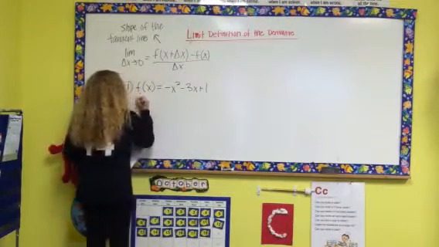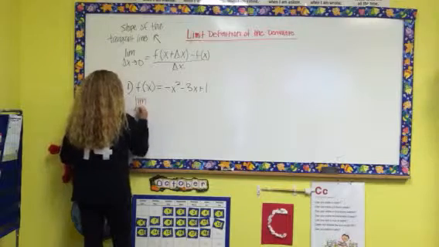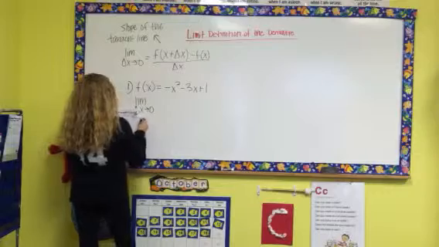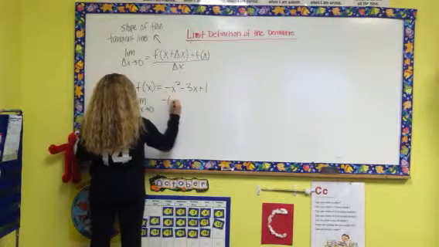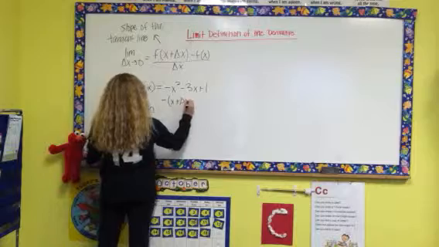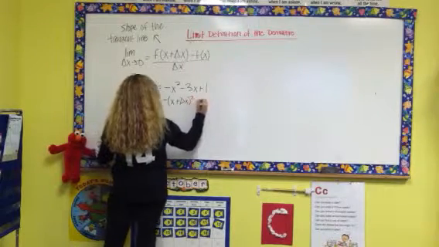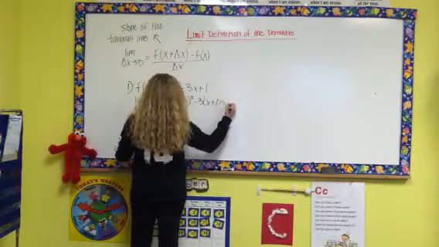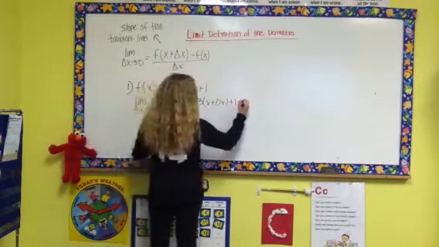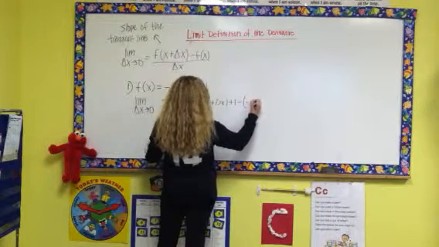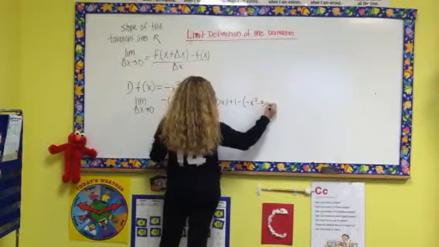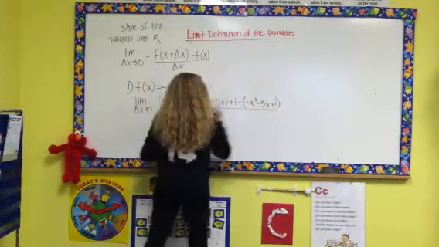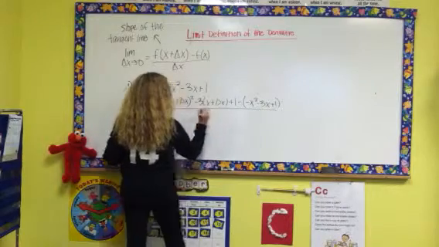So we plug this into our formula, which is the limit as delta x approaches 0 of negative (x plus delta x) squared minus 3(x plus delta x) plus 1 minus (negative x squared minus 3x plus 1) all over delta x.